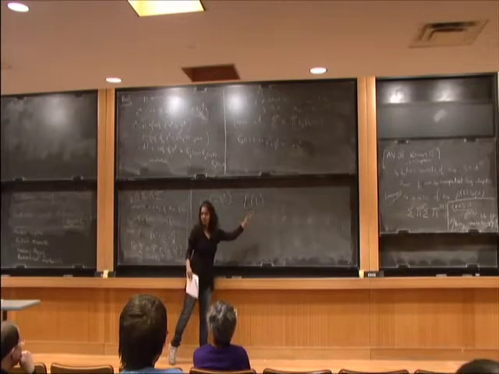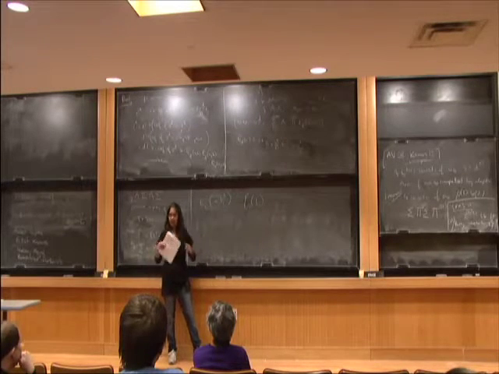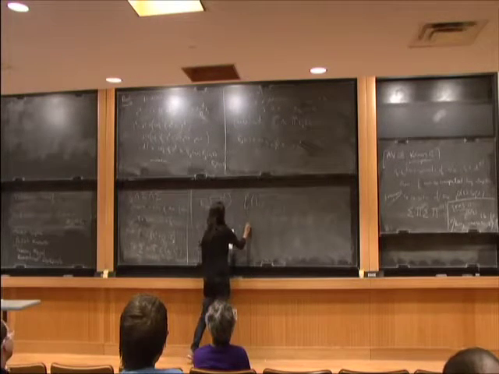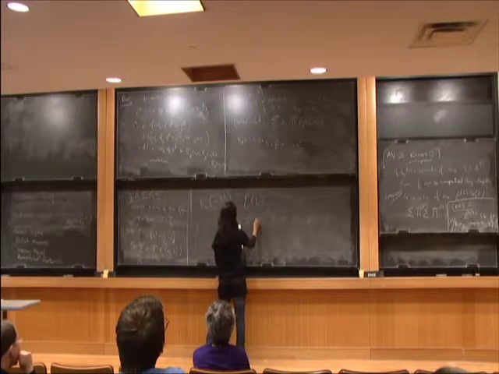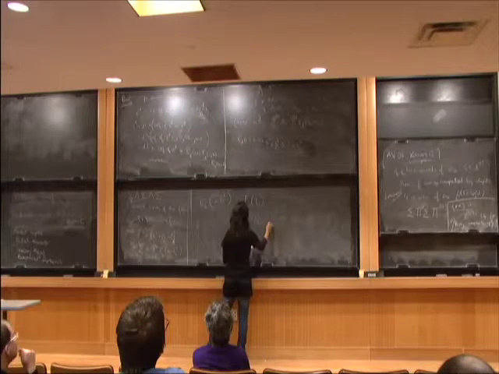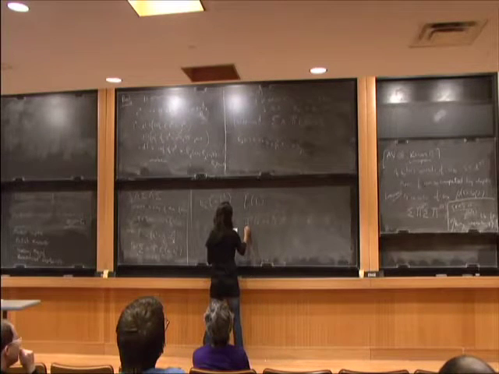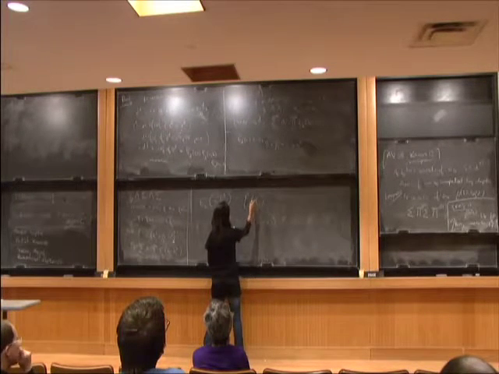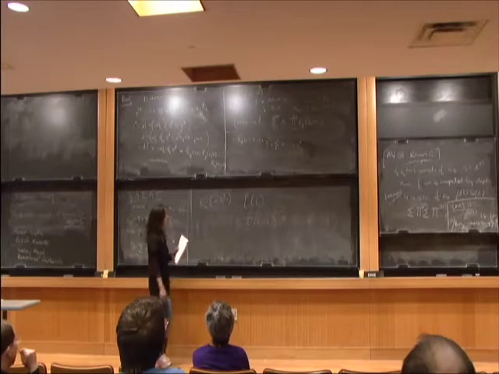Any univariate polynomial can completely factorize into linear factors. So this looks like the product of l_j minus some gamma_ij, i going from 1 to whatever the degree of this polynomial is.